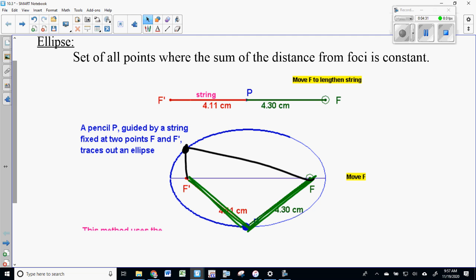Now, I'm not sure how much this is really useful in real-world applications, unless you're trying to build a listening room so you can whisper back and forth or something. But those are the properties of an ellipse. All right, so let's look at our equations of an ellipse.